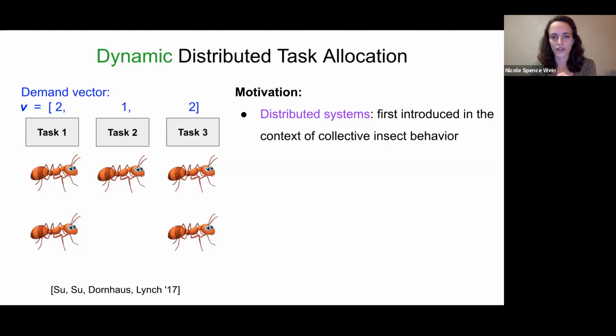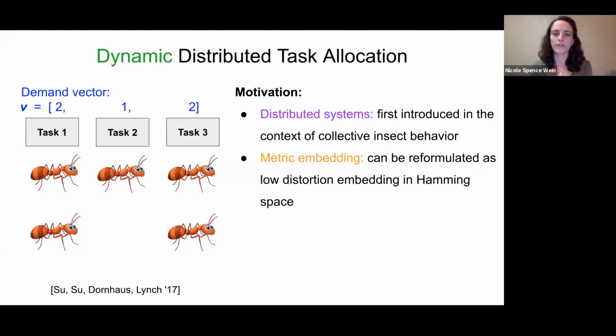Another interesting thing is that this problem turns out to have a relationship to metric embedding problems. I won't go into the details, but this problem statement can actually be reformulated as a problem of getting a low distortion embedding in Hamming space. And thirdly, I think that this is a nice natural combinatorial problem.